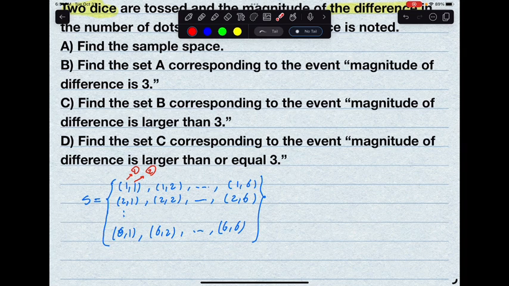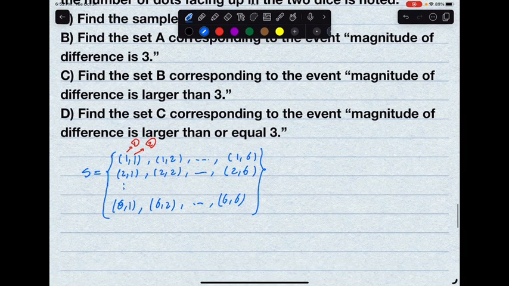So for B, the event A is all the possible values which, when we find the difference of the observed numbers and the magnitude, that means the absolute value. If it is positive, that's it. If it is negative, just multiply it by -1.